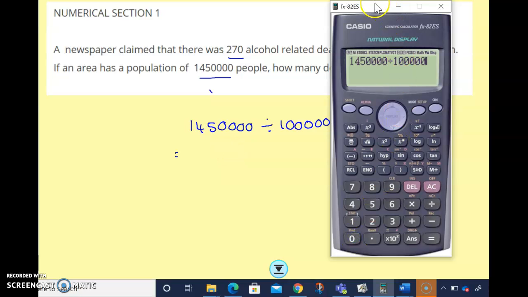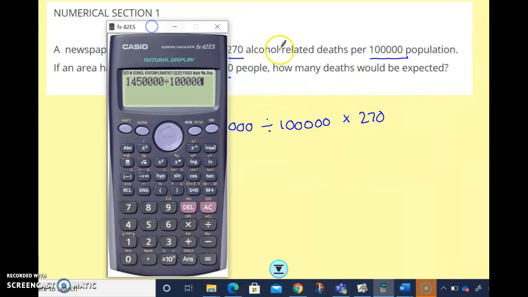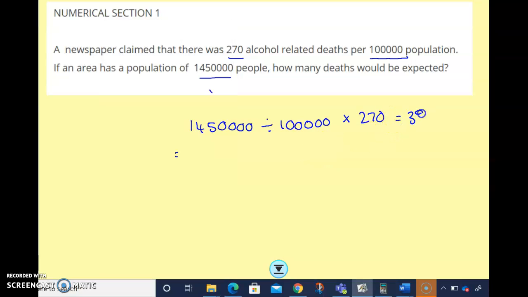Check I've got the right number of zeros. Yeah, times 270. And we get 3,915. Or maybe I did get it correct in the assessment after all. Just when I was looking at it there, I said the wrong thing. I'll put 2 equal signs in. Let's get rid of that one. Okay, that's the end of numerical section 1 then.